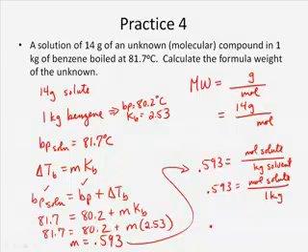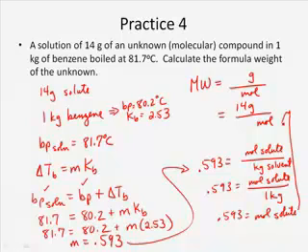So 0.593 is equal to moles of the solute, and that value is what I need right there. So when I divide that out, 14 divided by 0.593, I get 23.6 grams per mole.